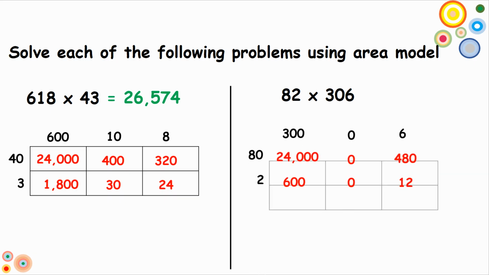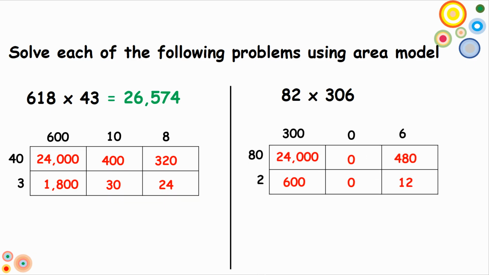Sum all of these products, it will be 25,092. Add 24,000 plus 480 plus 600 plus 12. All of these numbers equal 25,092.